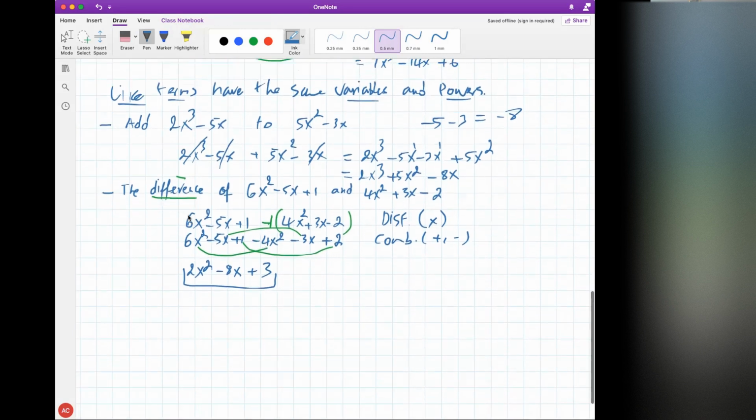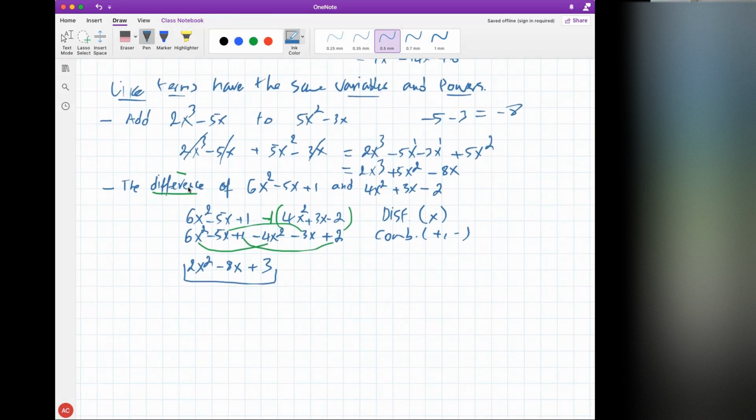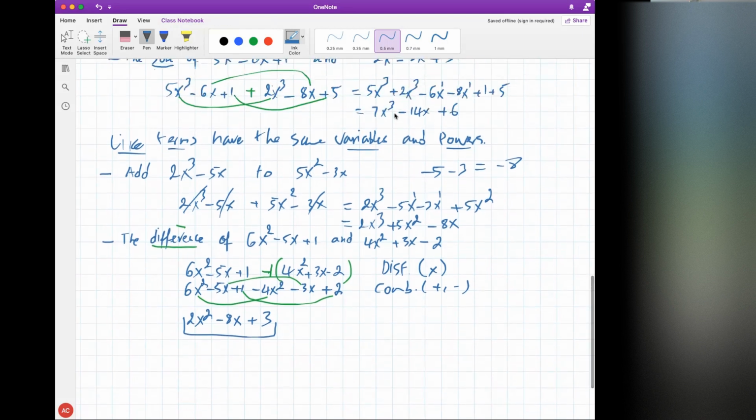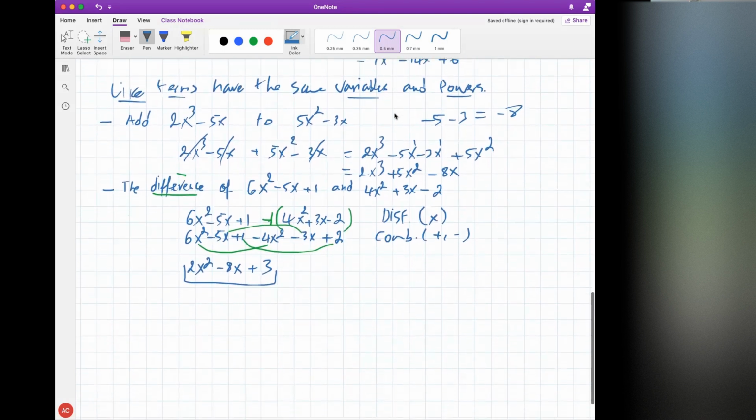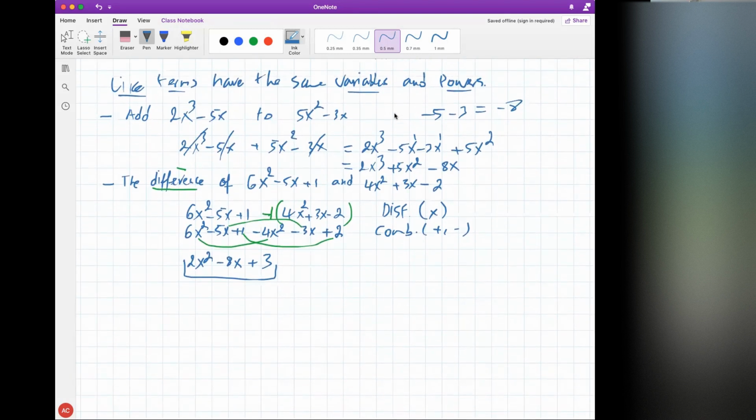All right, so that's what happens when it says the difference. Whenever you hear the difference of something and something, for example, what is the difference of 8 and 5? So simple.